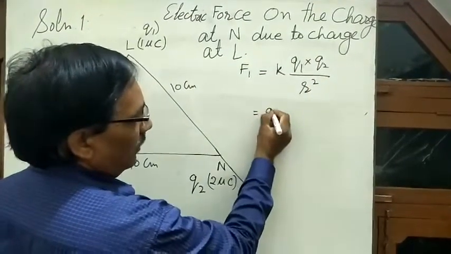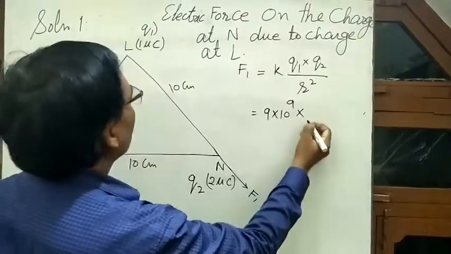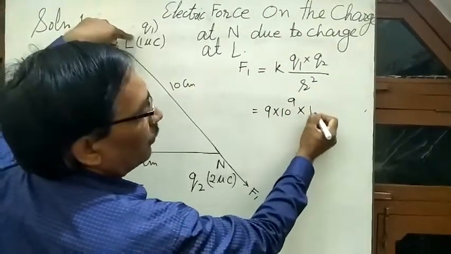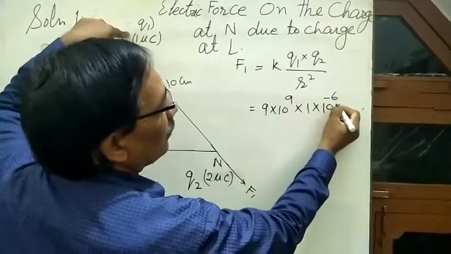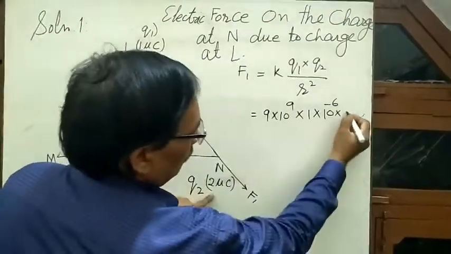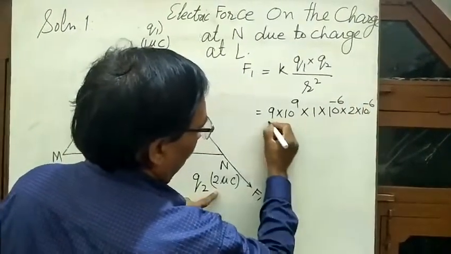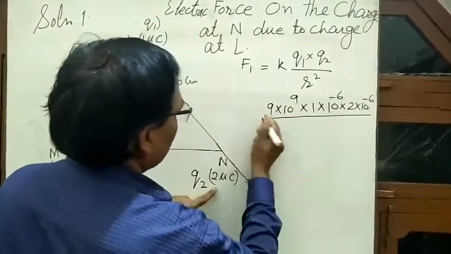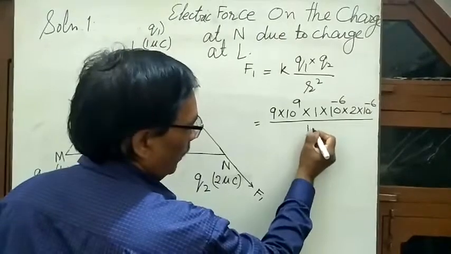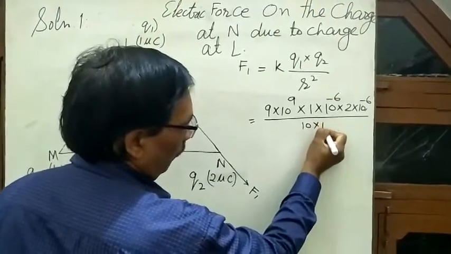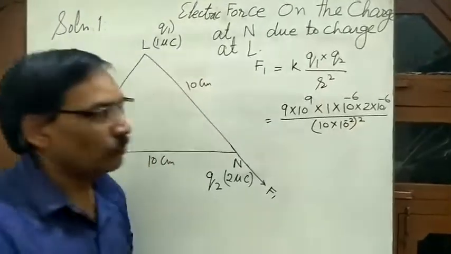K is 9 into 10 to the power 9. Q1, 1 microcoulomb means 1 into 10 to the power minus 6 coulomb. Q2, 2 microcoulomb, 2 into 10 to the power minus 6, upon R square. It is 10 centimeter, so in meter it will be 10 into 10 power minus 2, square. Clear?